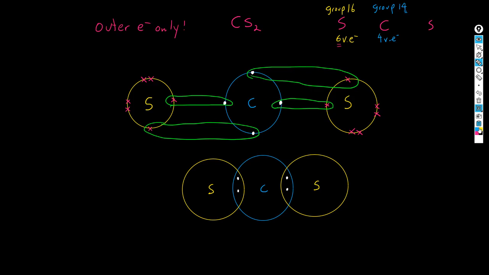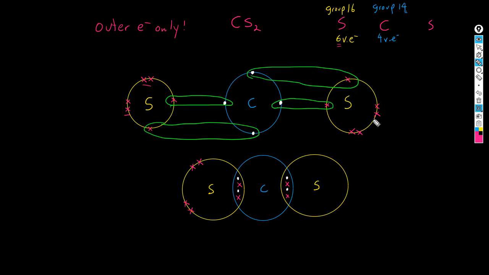And then the excess on the sulfur, we have 2 that were shared with the carbon for each sulfur. So these 2 were shared with the carbon, so they're going to be in the overlap section. These 2 were shared with the carbon, so they're going to be in the overlap section. And then we have 2 lone pairs for this sulfur. And again, these have to be crosses because they're originally sulfur electrons.